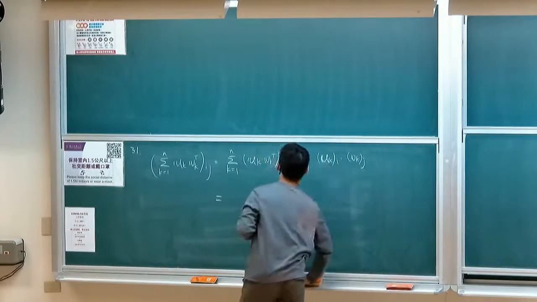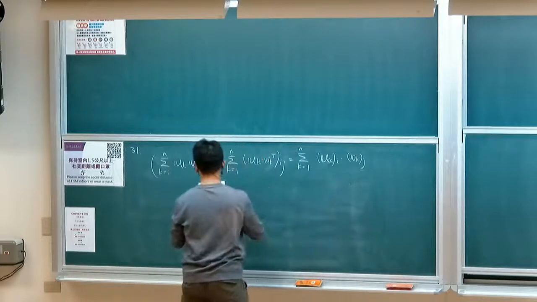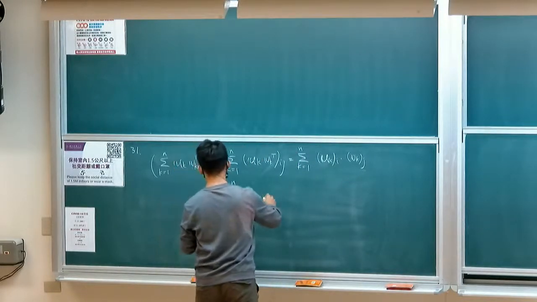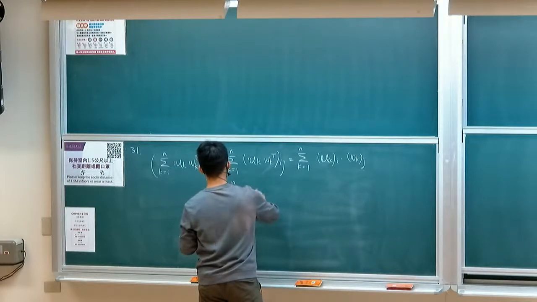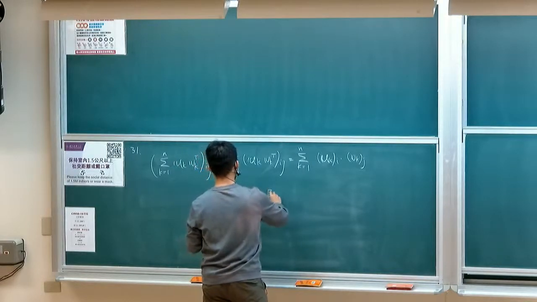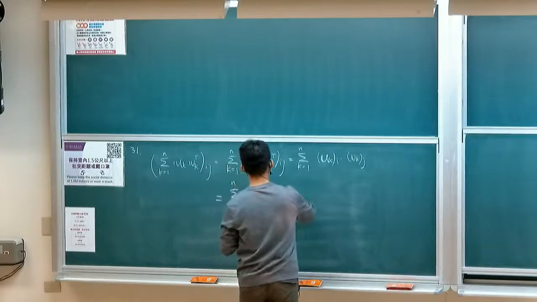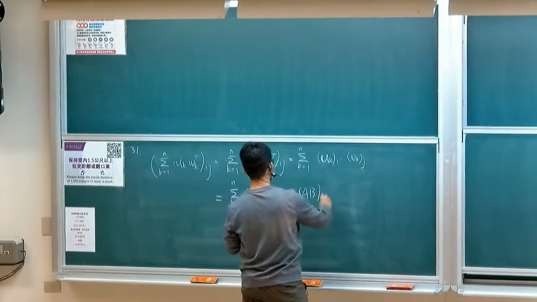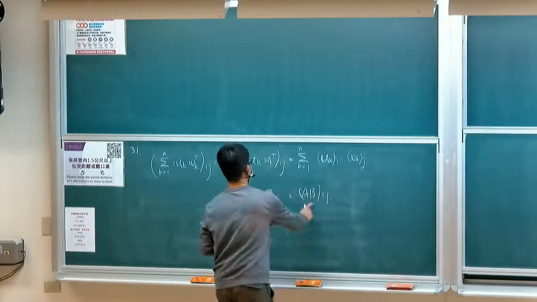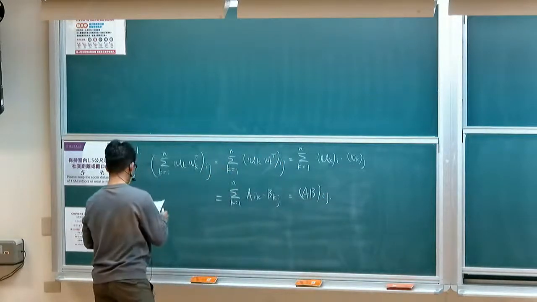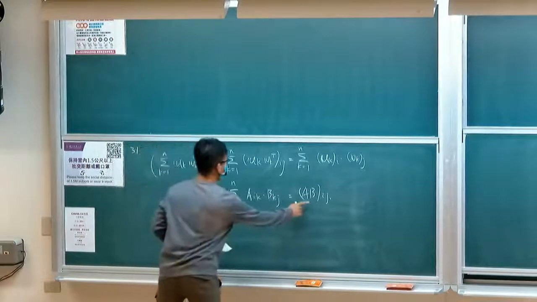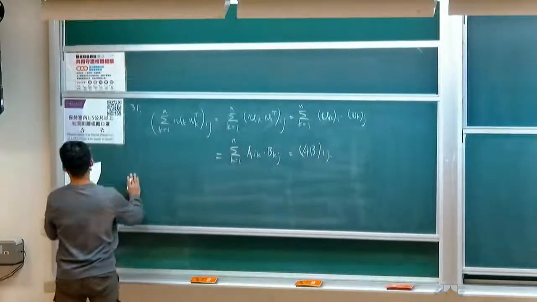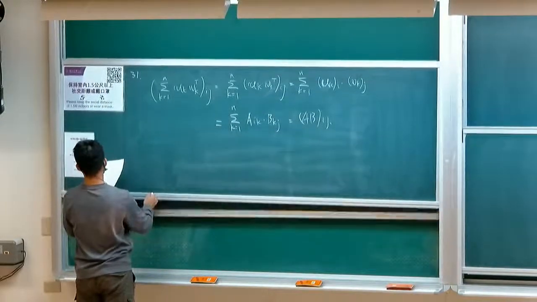So again, we can rewrite this into A ik times B kj, and this is the ijth entry of the product AB. So therefore, AB is equal to this matrix.